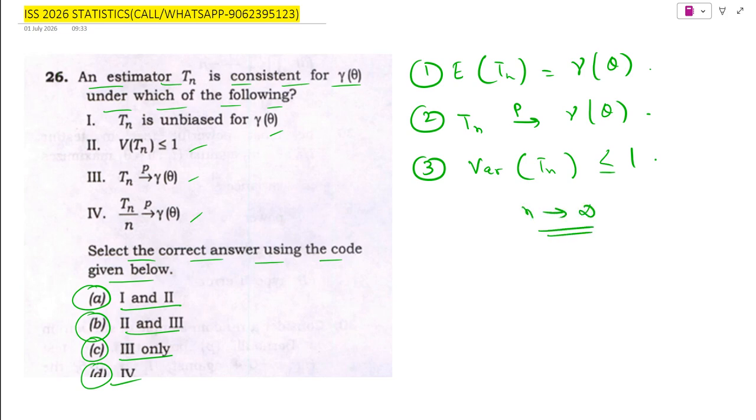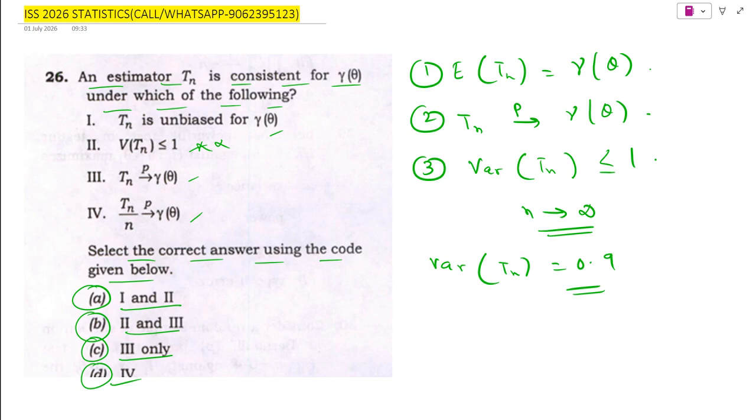Okay. So simply being less than 1 is meaningless. So remember this question, suppose variance of Tn is 0.9 for every sample size. Is the estimator consistent? The answer will be no, because the variance never goes to 0. And this is why statement number 2 is incorrect.